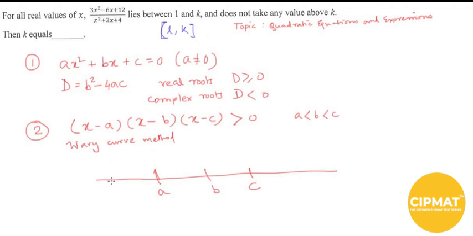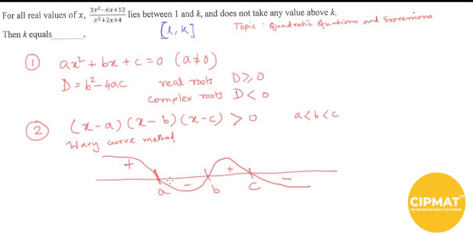Then what you do is you take any value less than a and put that in this equation, and check whether it is positive or negative. Suppose it is positive when it is less than a, so it is positive. Then after that it is going to go on like a wave like this. What does this mean?